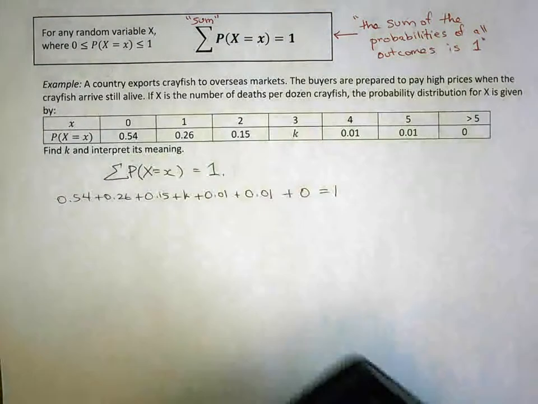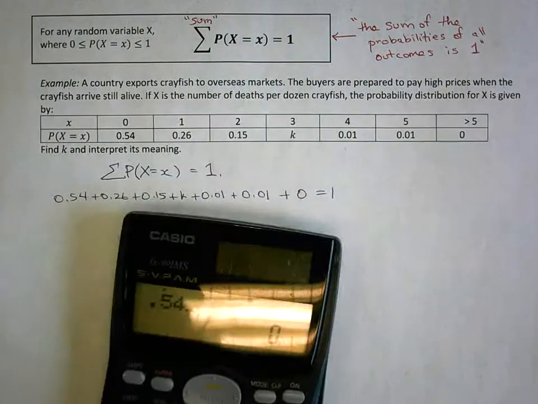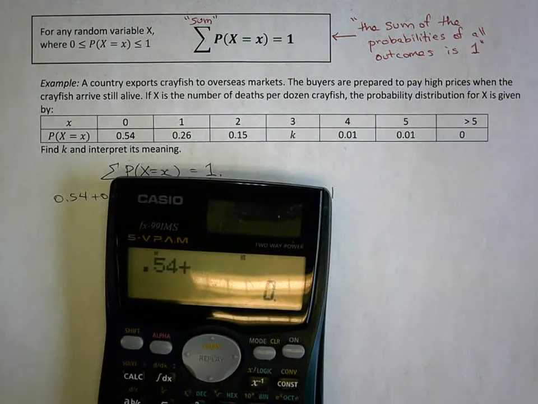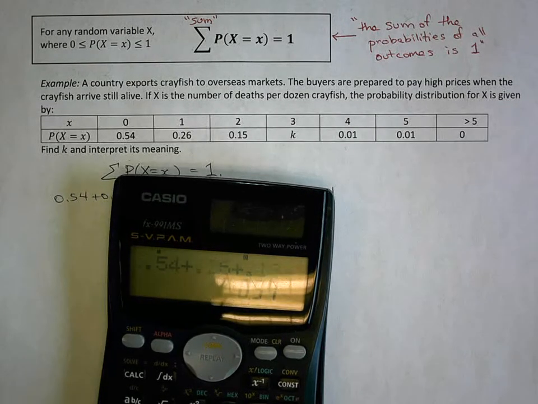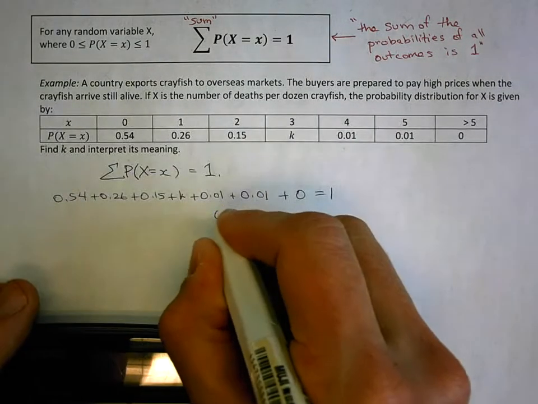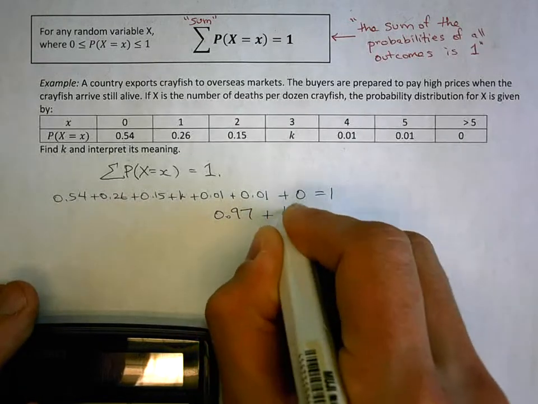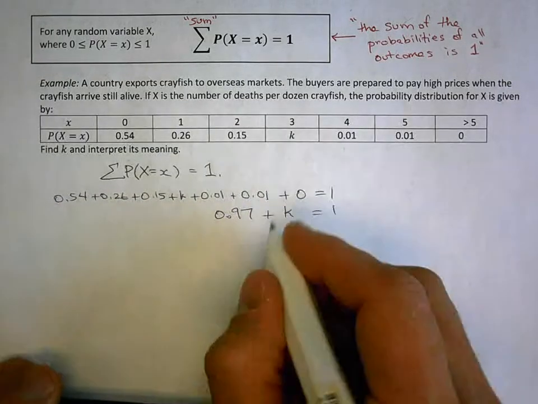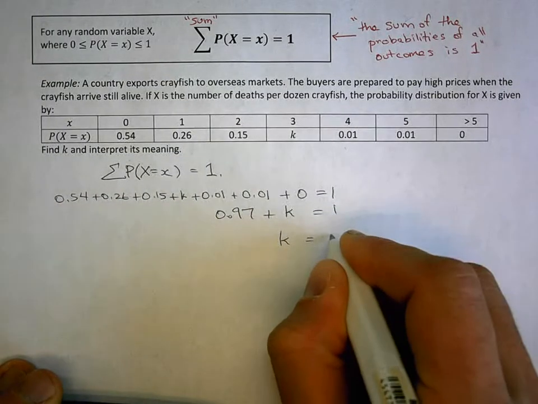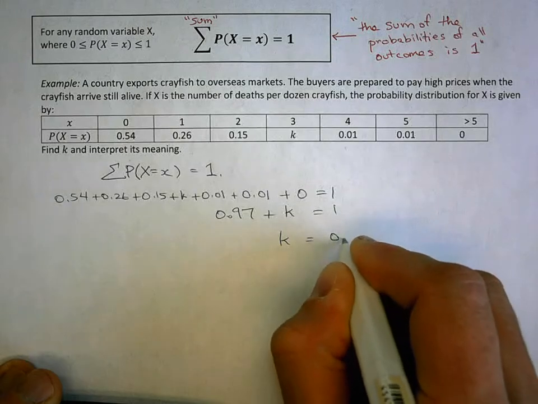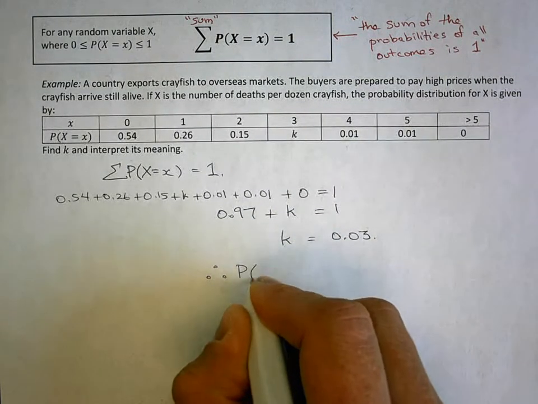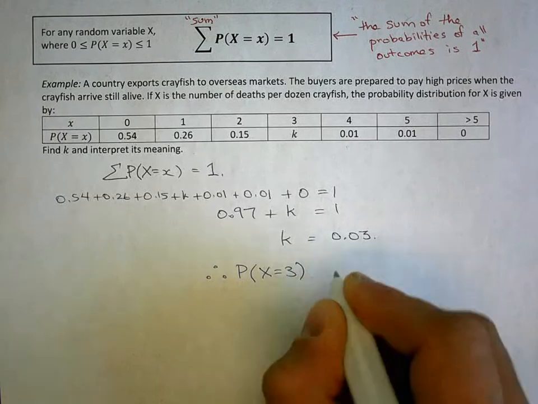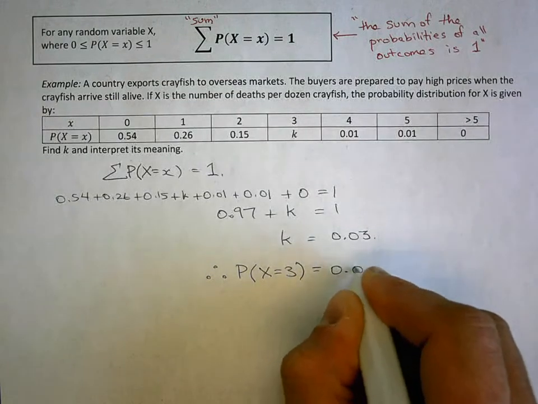If I add up all of those numbers, so 0.54 plus 0.26 plus 0.15 plus 0.02 gives me 0.97 plus k is equal to 1. So I get k is equal to 0.03. In other words, the probability that x is equal to 3 is 0.03.